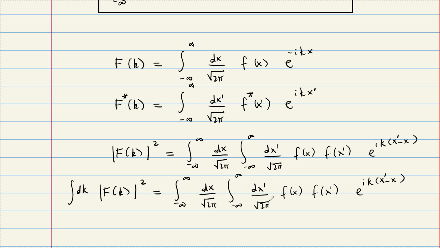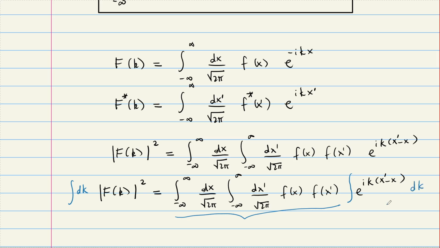I need to do the same thing here, but you can see this entire blob, there is nothing k dependent here. So let me make it blue for you to see easily. There is nothing k dependent here, so my integral can jump all the way and I can put it here.